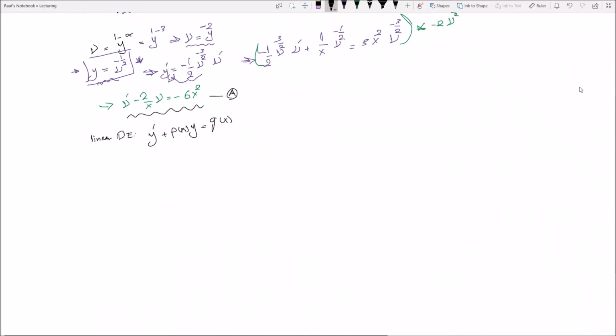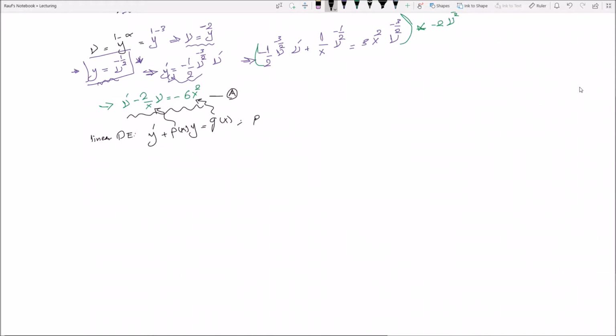Now again, we can assume it's just a typical linear differential equation. Identify your p of x and identify your q of x and solve the equation in a normal way. But instead of representing the y prime, you are representing the nu prime in this case. Then you go backward in substitution based on your assumptions. So let's do it in the old way.